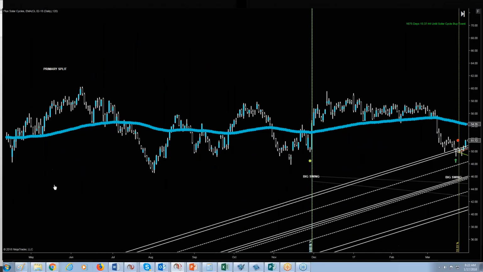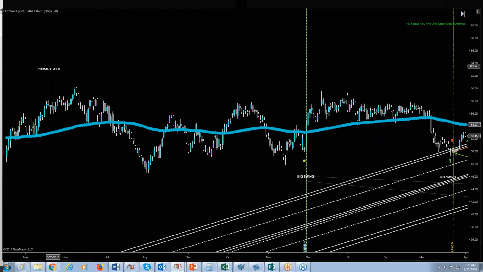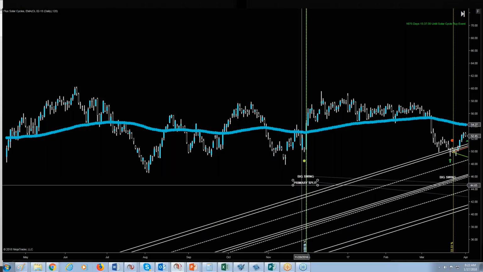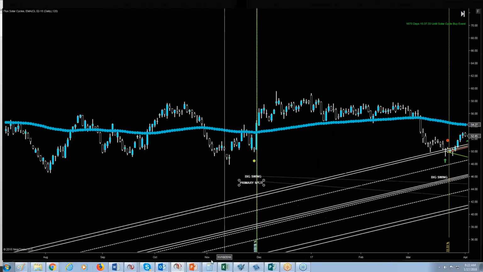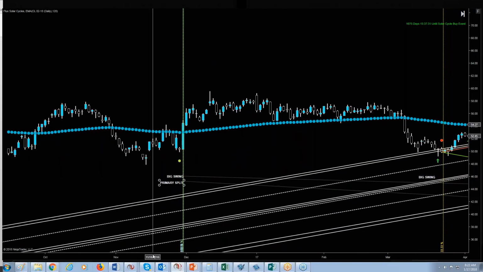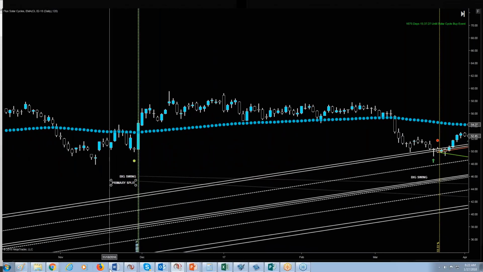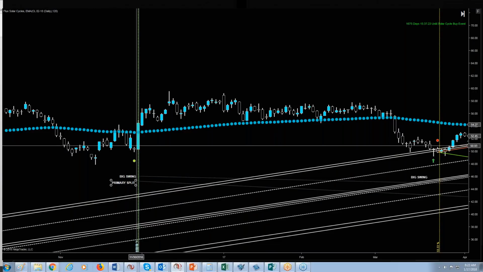And now here was the next primary split right here. And Ron, check out the reaction of the candle the very next day off of that primary split reversal.